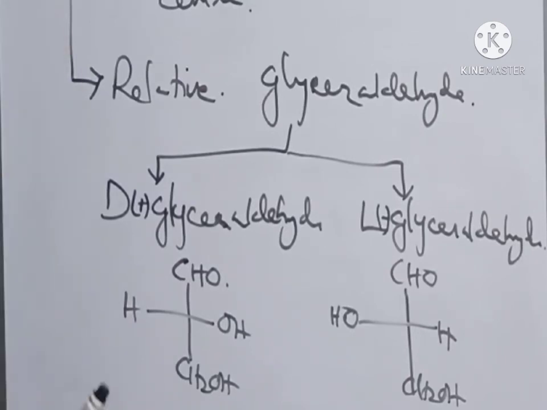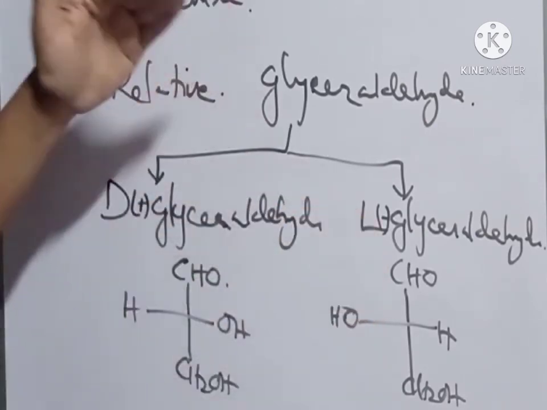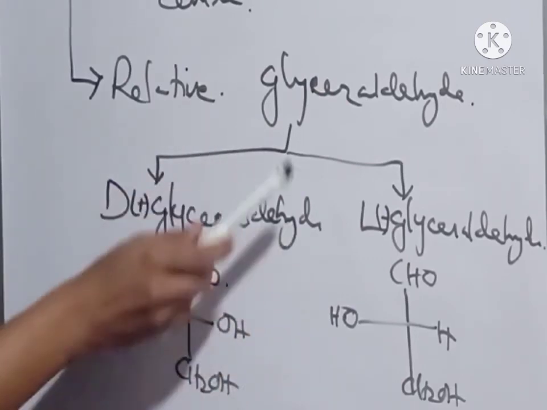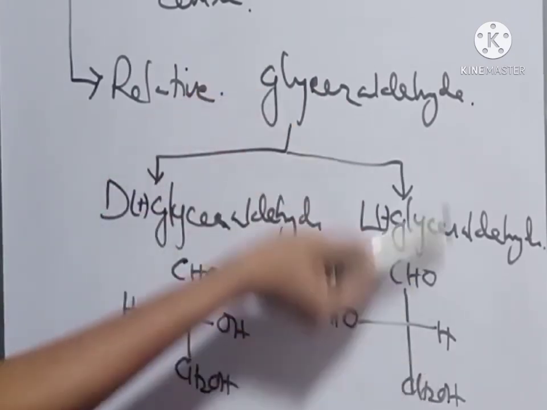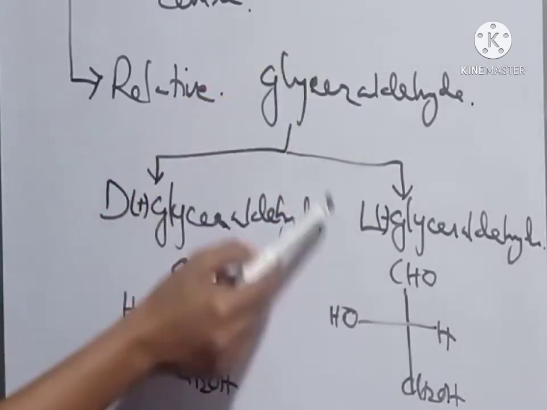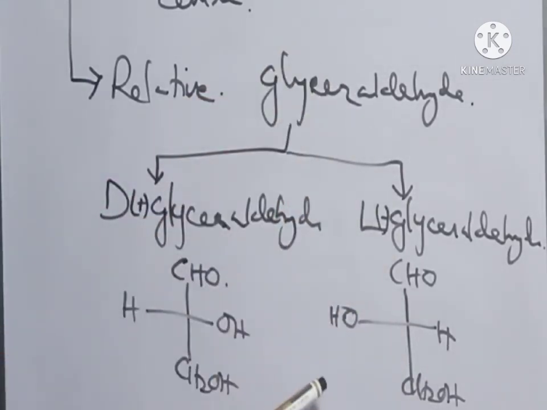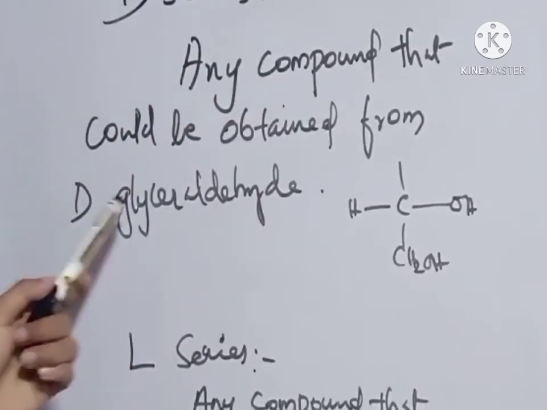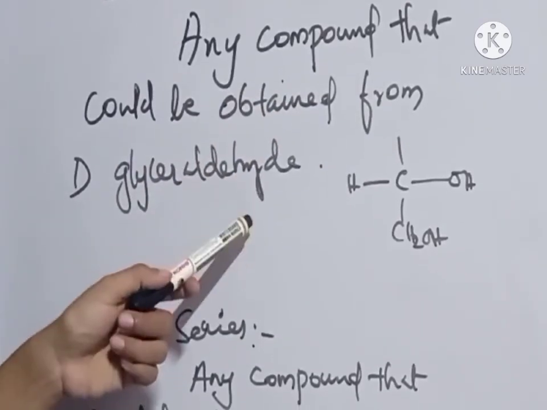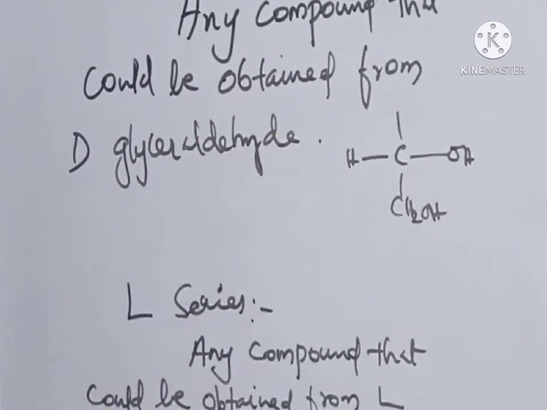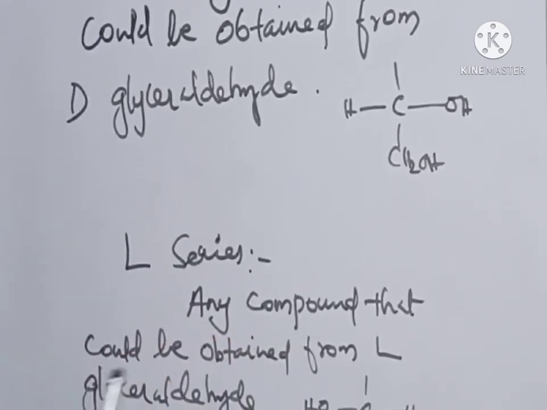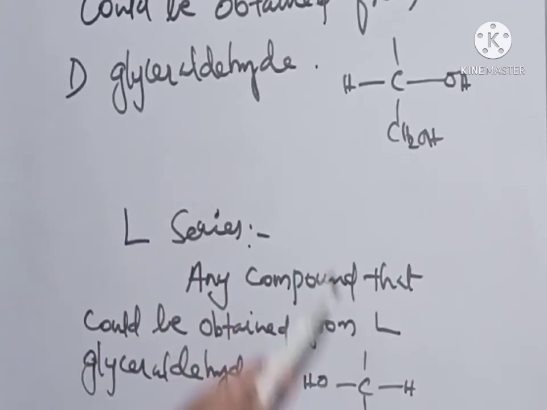And any isomer which could be obtained from L-glyceraldehyde belongs to L series. So D series is any compound that could be obtained from D-glyceraldehyde and the basic structure is this. And L series is any compound that could be obtained from L-glyceraldehyde and the basic structure is this.